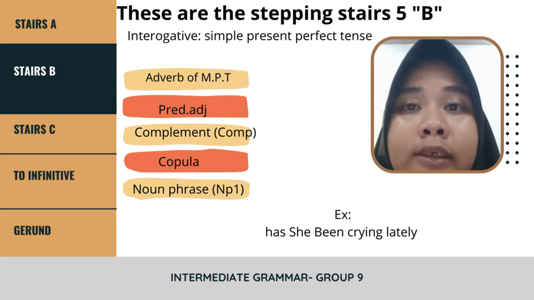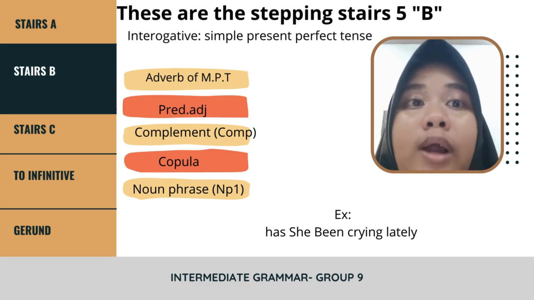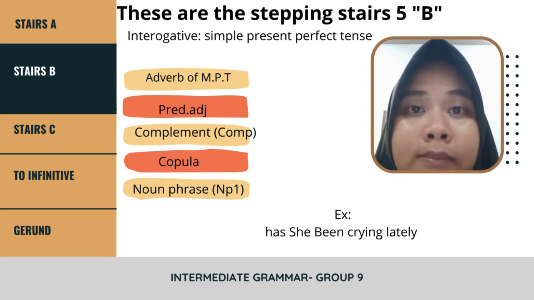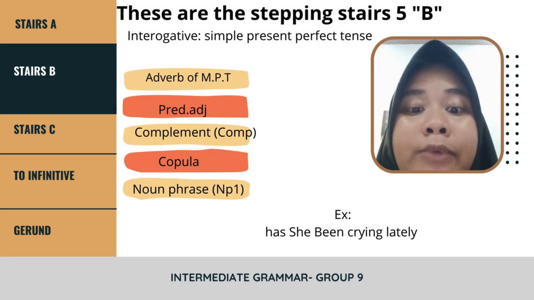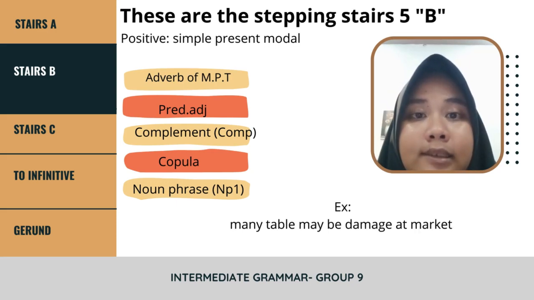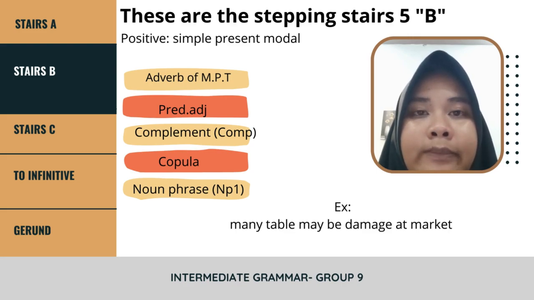Has as the auxiliary, she as noun phrase, been crying as a complement, and lately as an adverb of MPT. The next is the stepping the 5 stair B, a simple present modal tense with positive sentences. The example is many tables may be damaged at the market.